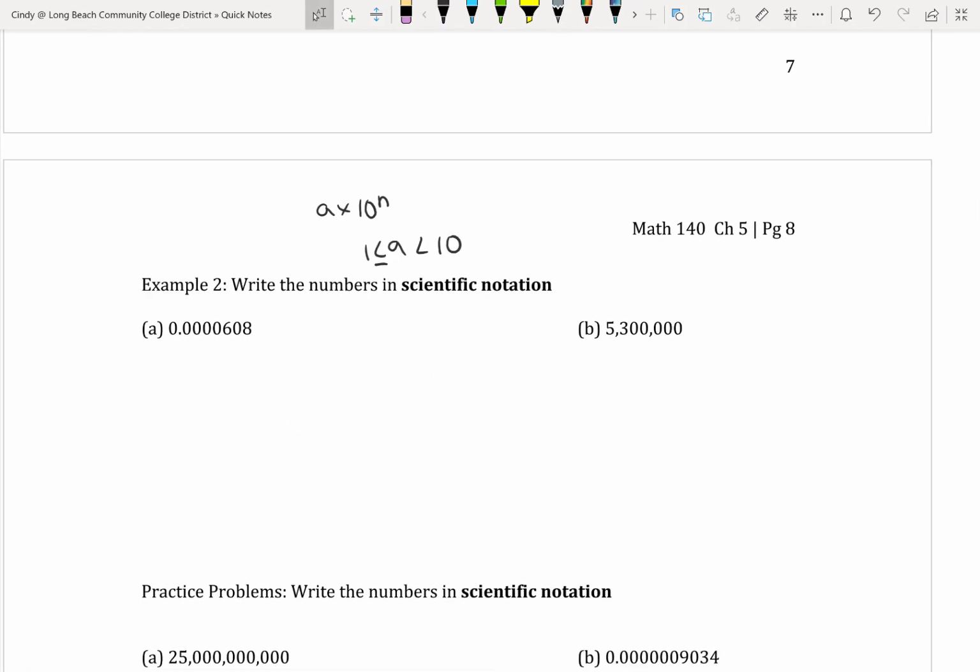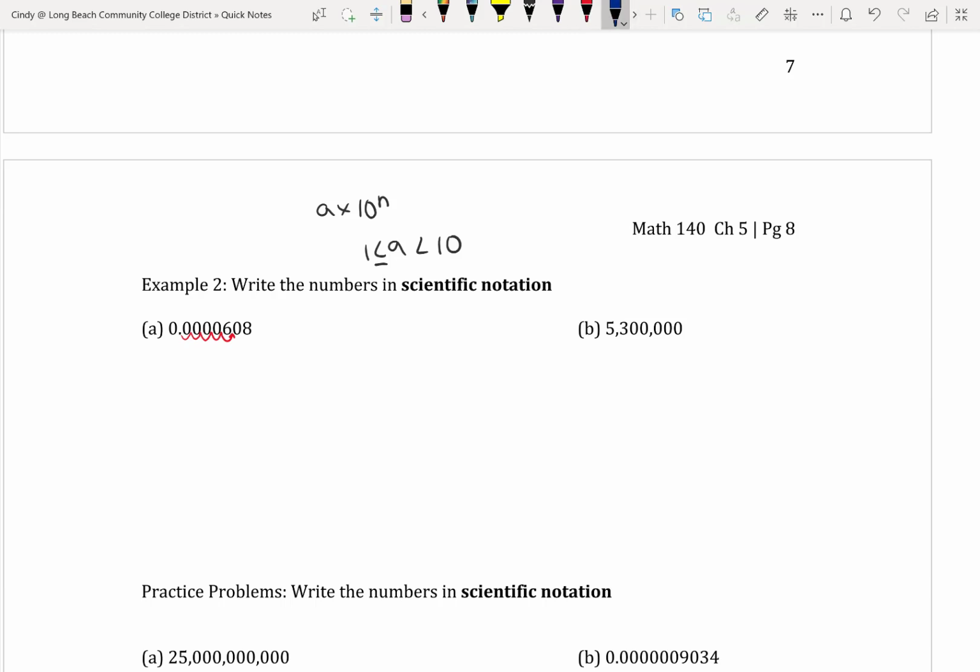So here, I'm thinking about this, and let's see. I know that it has to be 1 or bigger. So if it's going to be 1 or bigger, let's see how many times I have to move the decimal over. So that's a 0, 0, 0, 0. Ooh, okay, that's the first non-zero digit.